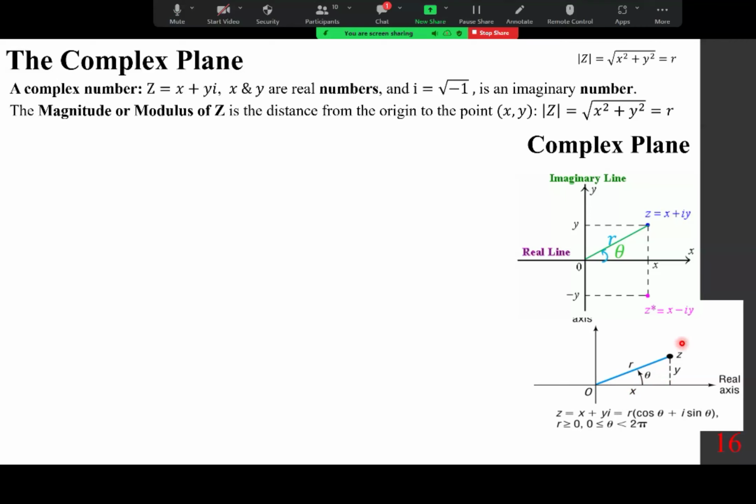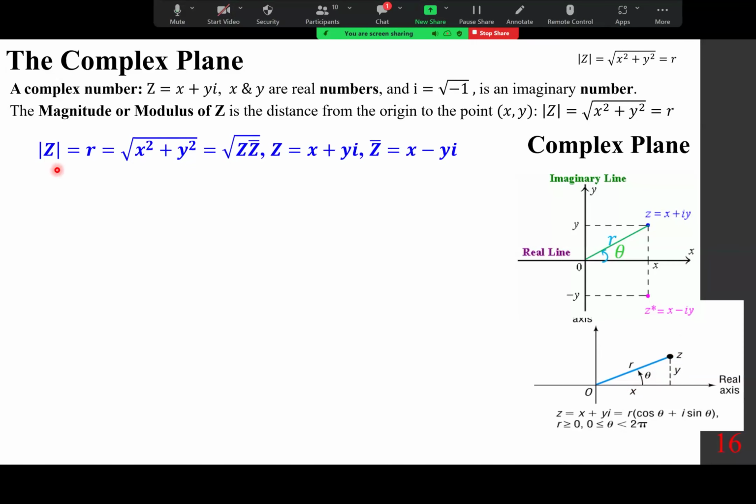A couple of things in case it comes up in the future. This represents the magnitude which follows the Pythagorean theorem, and it's equal to the square root of z times z bar, where z is x plus yi or a plus bi, and z bar is its conjugate.